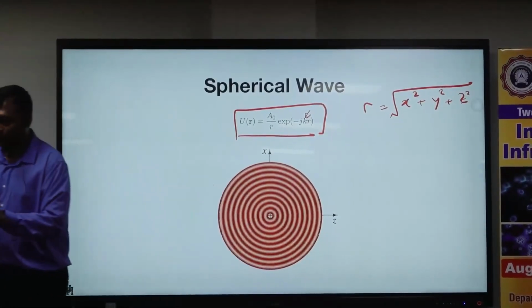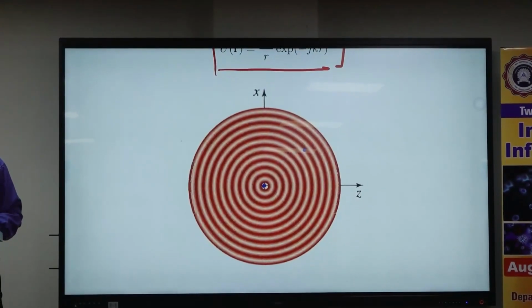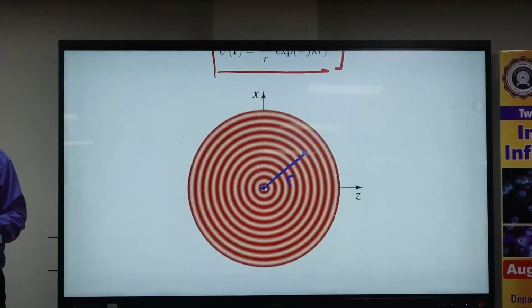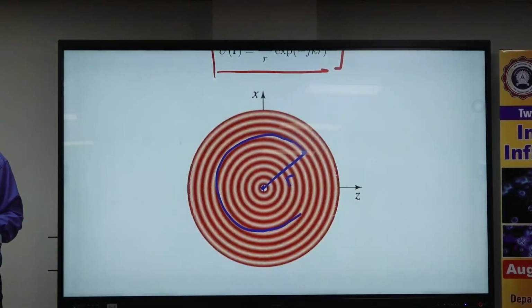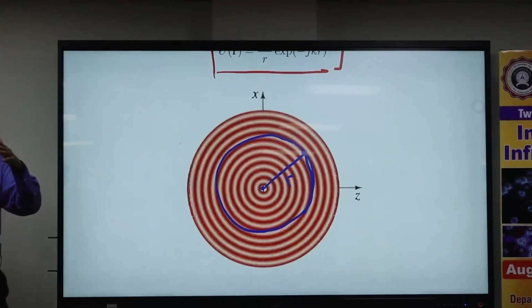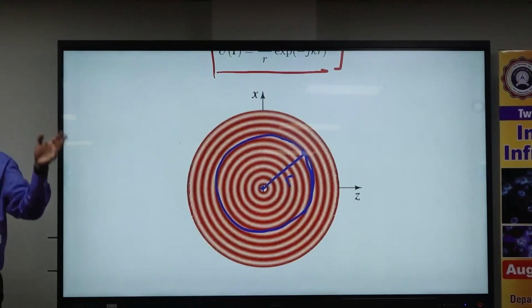If you take one point here and here, and calculate the radius r, all the points at that radius have the same phase, so the wave front is a sphere where the phase is constant.